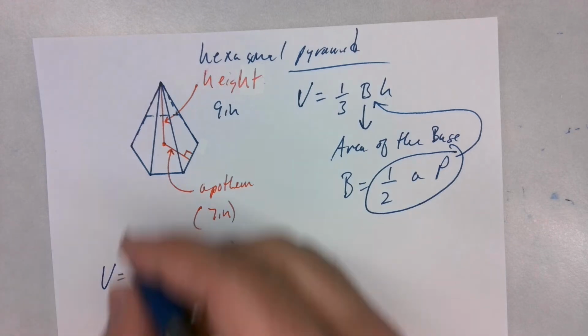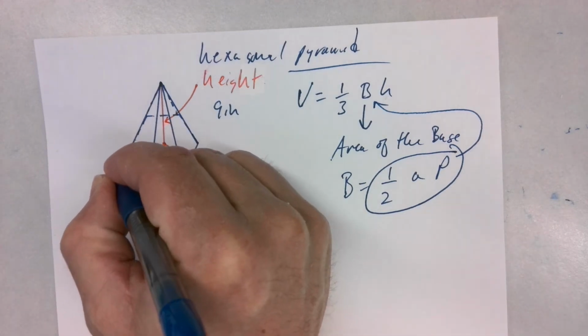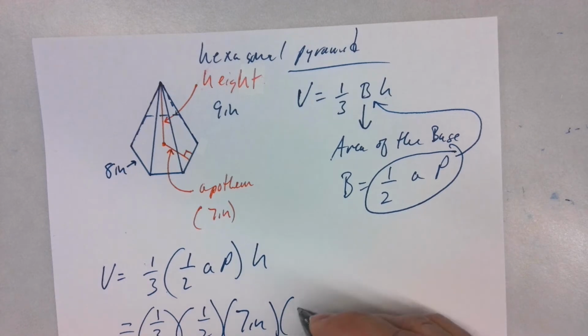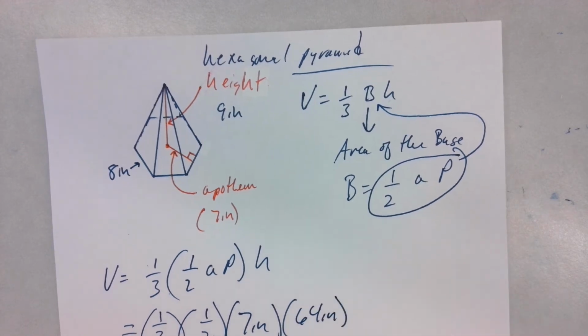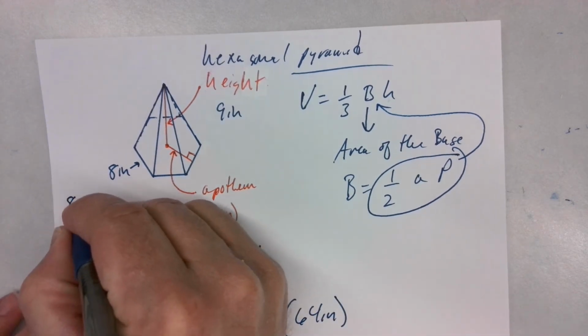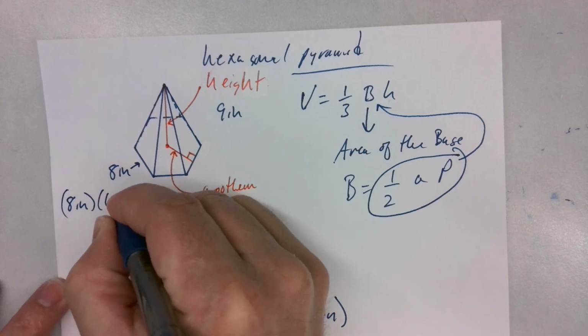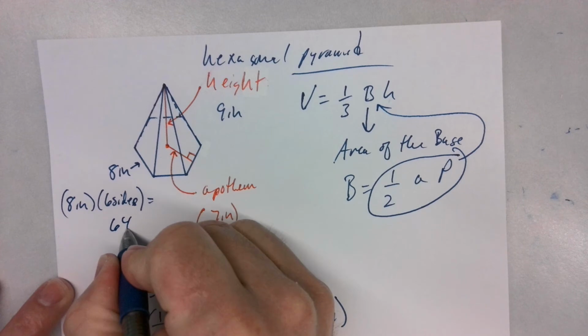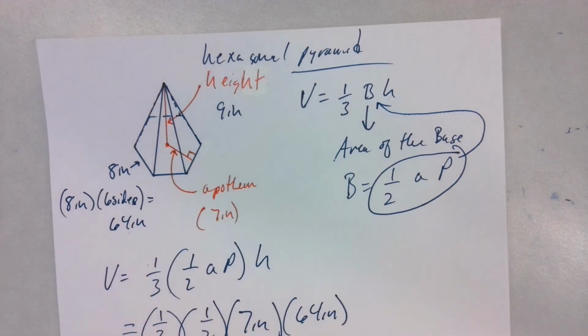No, I didn't. So let's make this 8 inches. That's my side. So what's my perimeter going to be here? That's 8 inches times 6 sides.